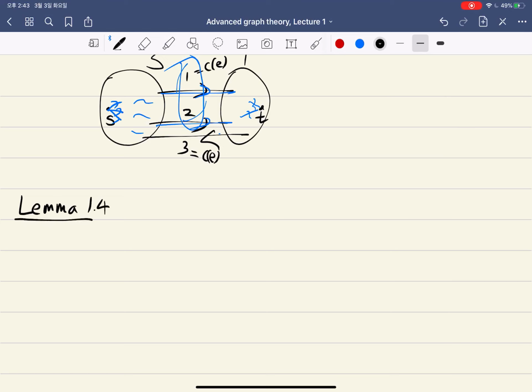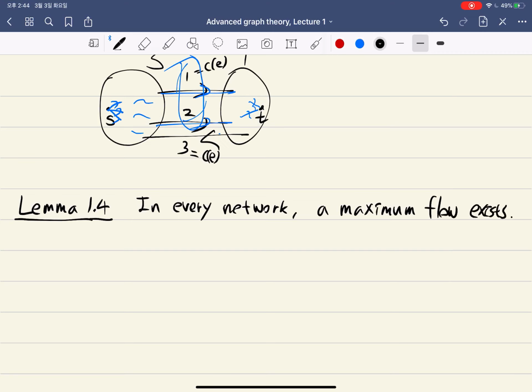Say Lemma 1.4. In every network, there always exists a maximum flow. So it makes sense to talk about this maximum flow. And the proof is actually not difficult. Let m be the number of edges in there.